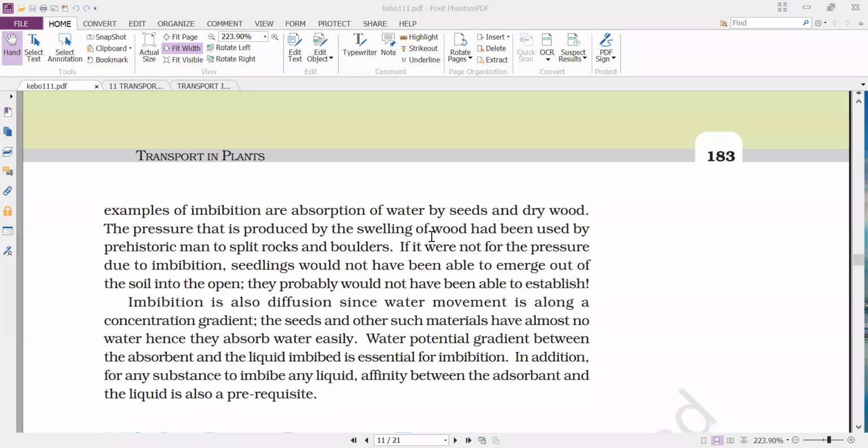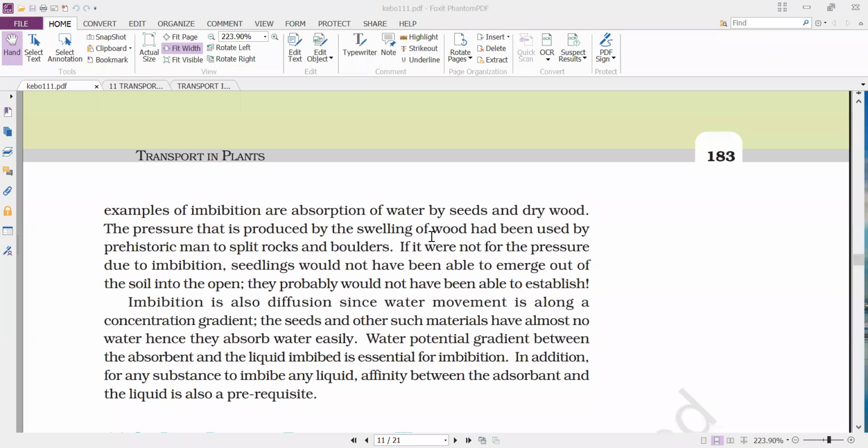The reason is that seeds absorb water by a phenomenon called imbibition. The seed possesses an opening called the seed pore, and through this seed pore, the water enters into the seed.